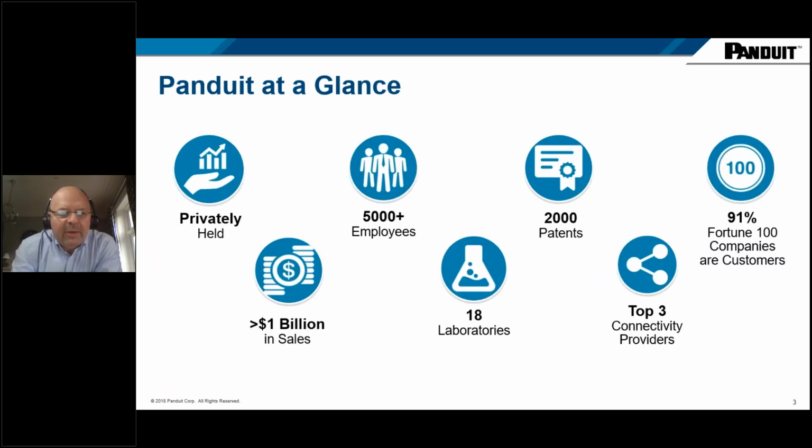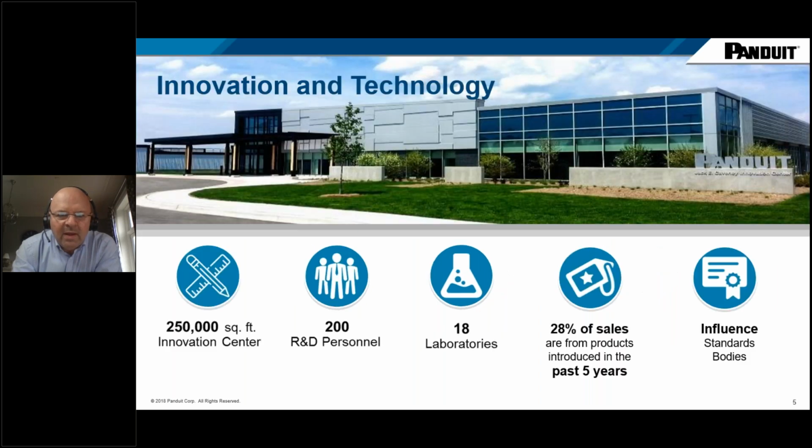So very briefly about Panduit, we're a privately held company with in excess of $1.2 billion worth of sales now, and we hold more than 2,000 patents, and this just underlines that Panduit is an organization of invention and innovation.